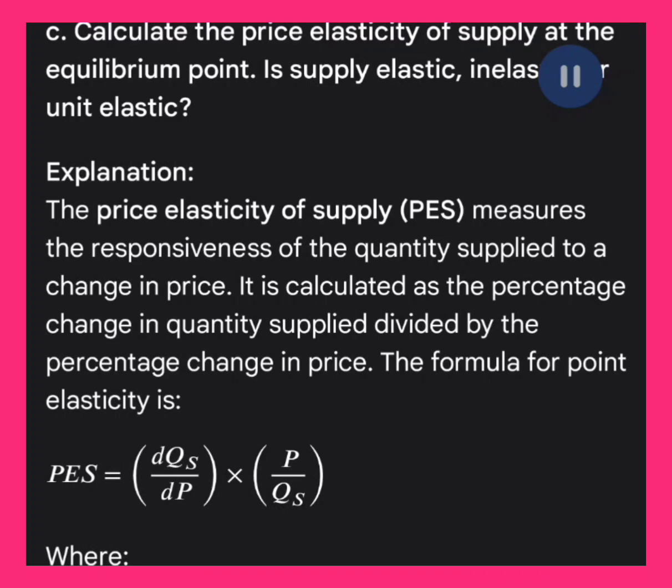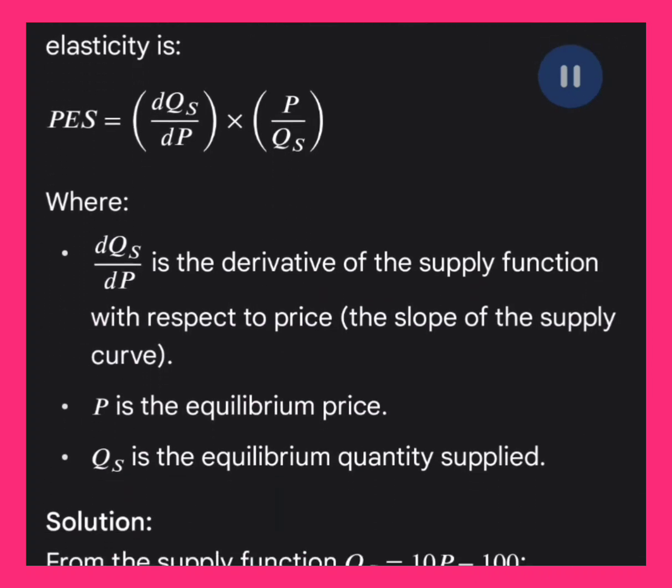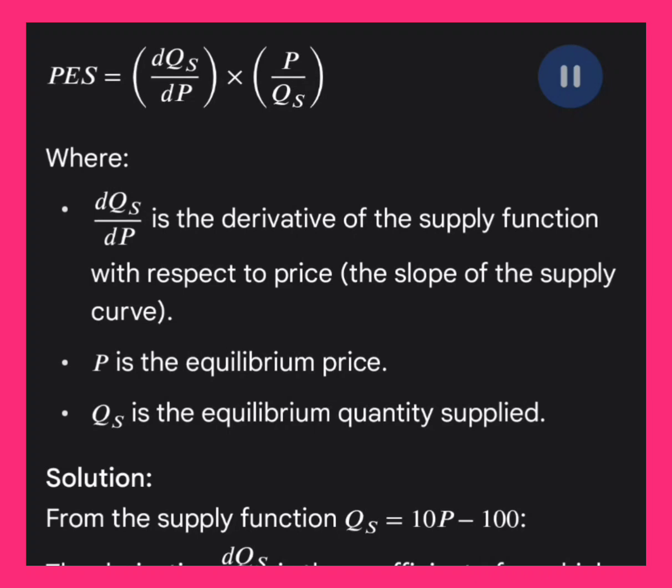The formula for point elasticity is PES equals dQ_S/dP times P/Q_S, where dQ_S/dP is the derivative of the supply function with respect to price, the slope of the supply curve. P is the equilibrium price. Q_S is the equilibrium quantity supplied.